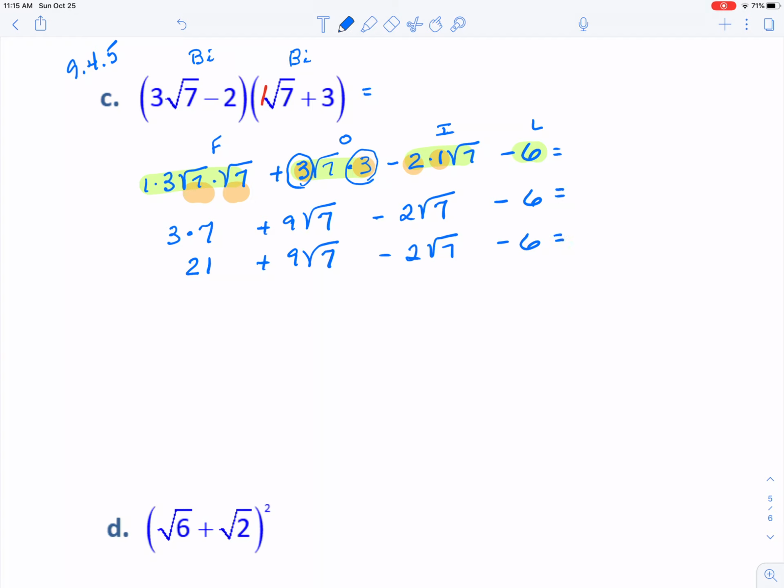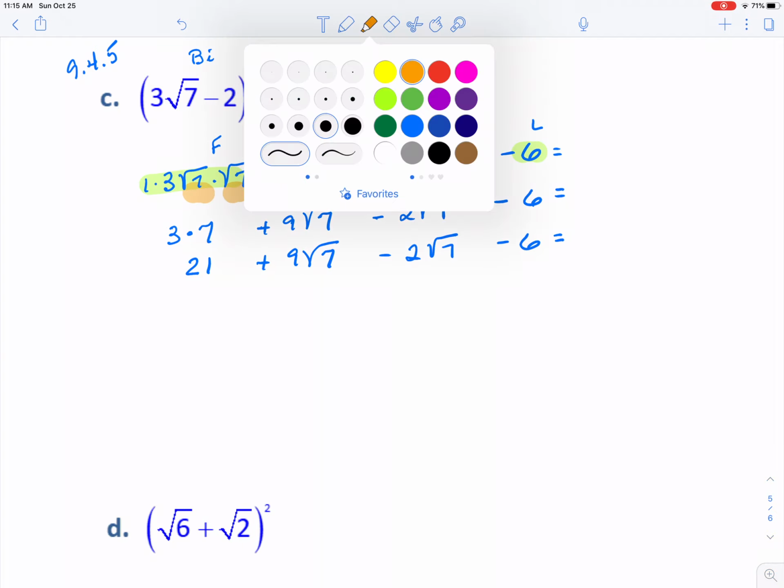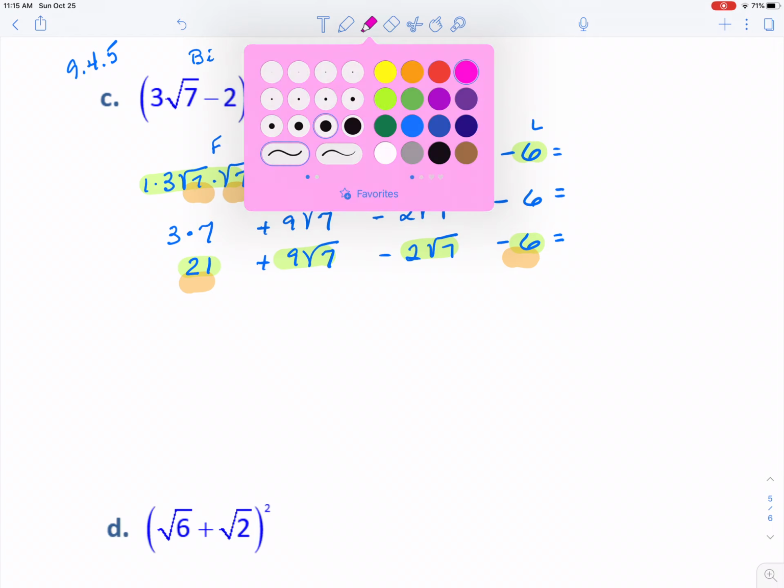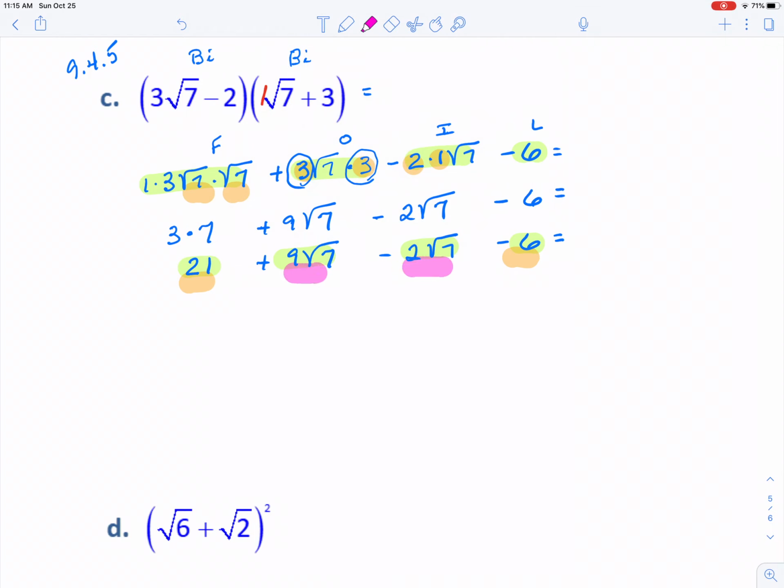So I still have 4 terms. 1, 2, 3, 4. And of those 4 terms, these 2 are alike, and these 2 are alike. All right, so let me do the numeric part first. 21 subtract 6 is positive 15.